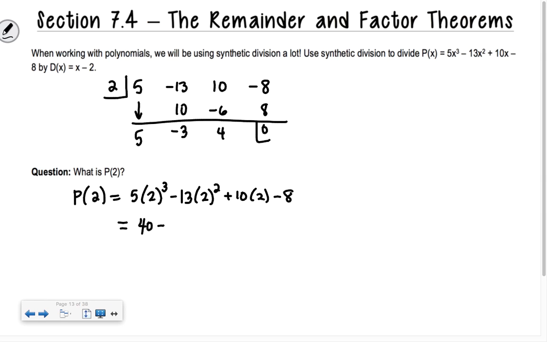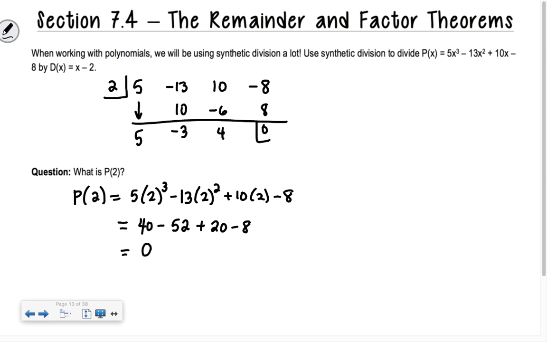Some of you may not know that off the top of your head; you could double it and double again. You get negative 52 plus 20 minus 8. Combining: 40 plus 20 is 60, negative 52 and negative 8 makes negative 60, so 60 plus negative 60 becomes 0. In many ways, that way was harder.